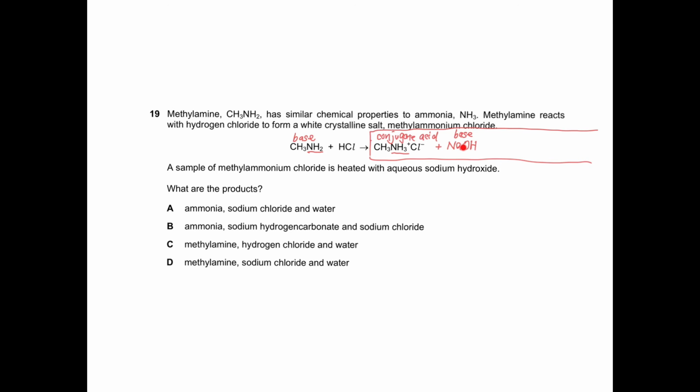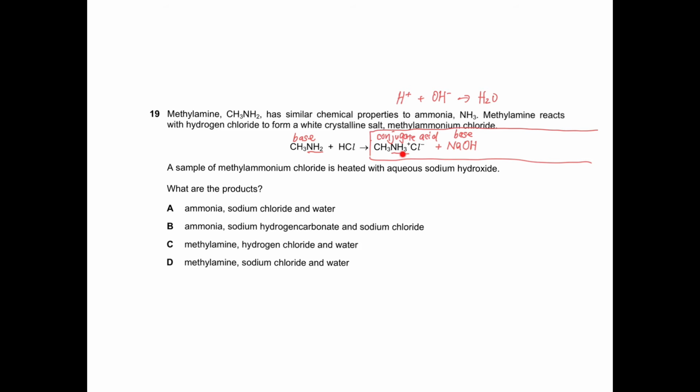At the same time, in neutralization, they must have H plus and OH minus to form H2O. First we need to know the H plus comes from the conjugate acid, which is the proton donor.